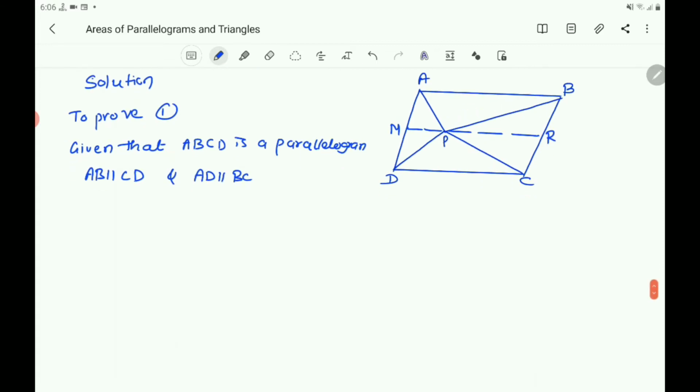So let us draw MR parallel to AB. Let's draw the line MR parallel to AB through the point P.